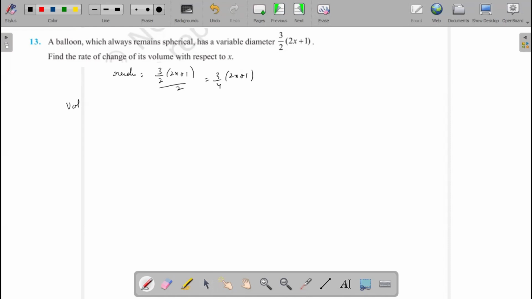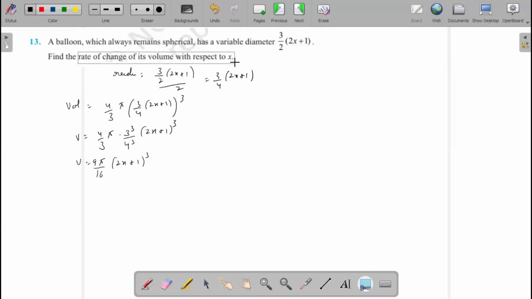The volume is 4 upon 3 pi r cube. 3 cube, 3 क्यूब पता हो तो नहीं पता, चलिए बाद में पता कर लेना अगर आपकी कैलकुलेशन इतनी। अच्छा, v इज इक्वल टू पाई 3 स्क्वायर 9 16 2x प्लस 1 होल क्यूब.